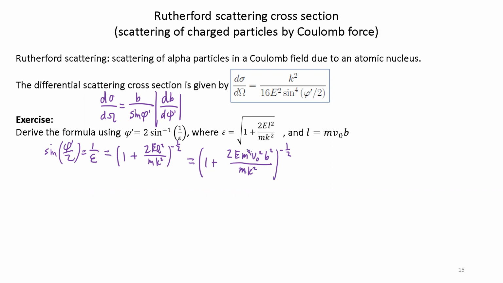And then, just for convenience, I'm going to define a new symbol. I'm going to let this b naught be k divided by 2E, just to make things look simple. If I define it this way, you'll find that the expression here can be written as 1 plus b squared divided by b naught squared, to the power of minus 1/2.